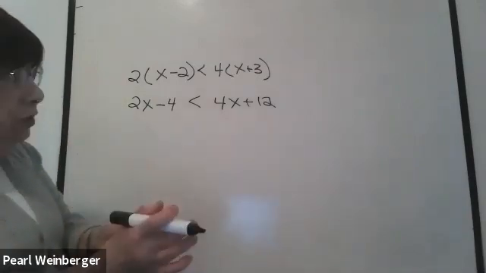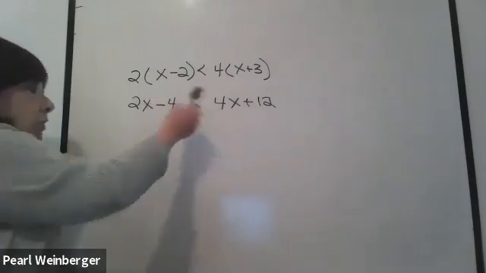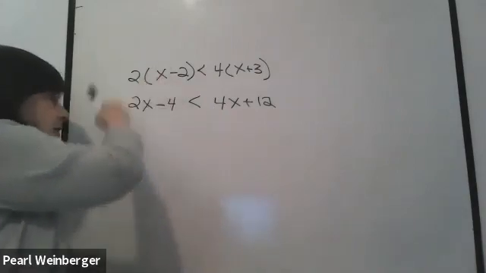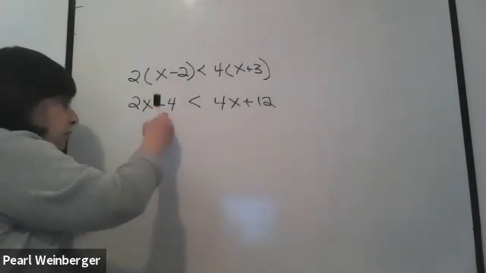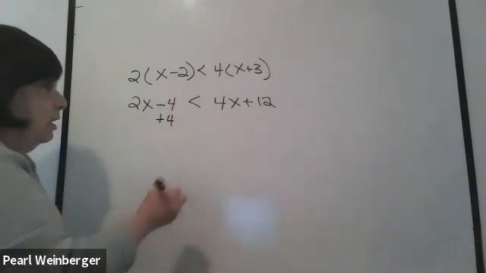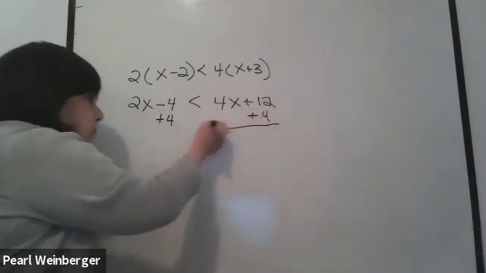Even if you don't do it on an equation, on an inequality, you must. Let's get rid of this 4 first, the one that doesn't have an x. So I'll add 4 to this side, which means I have to add 4 to this side. Whatever I do to one side, I do to the other side.